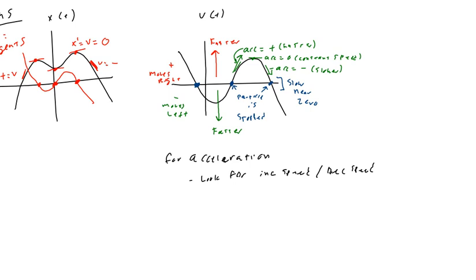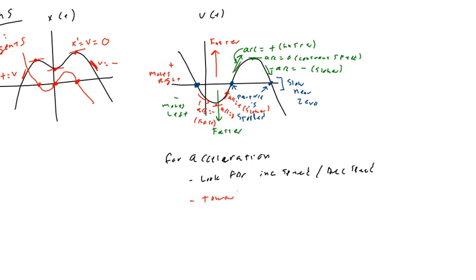And the same thing happens down below. Here, your acceleration is negative, but you're going faster. Here your acceleration is 0, and here your acceleration is positive, but you're going slower because you're going towards 0, right?